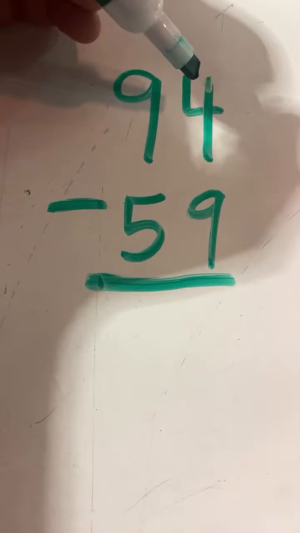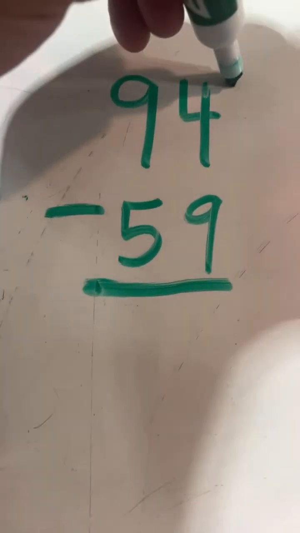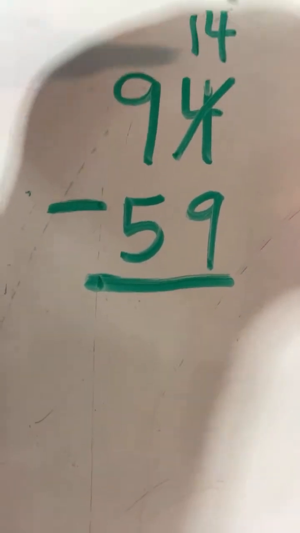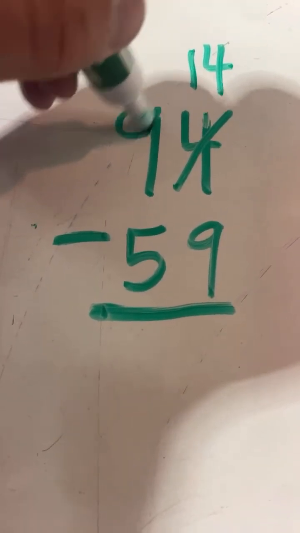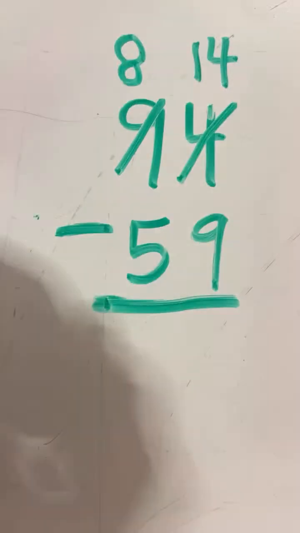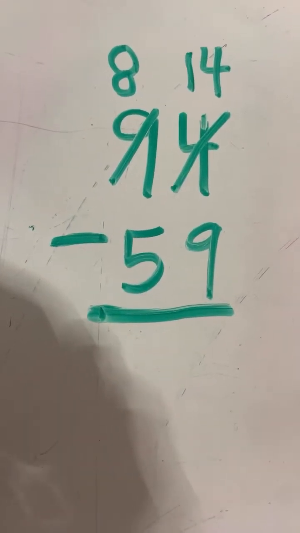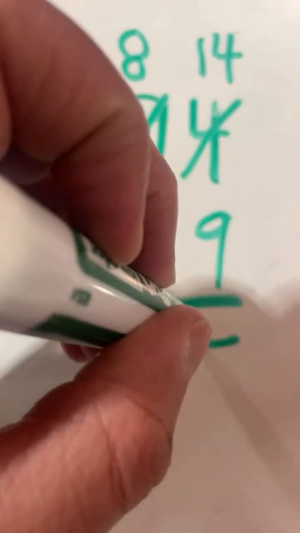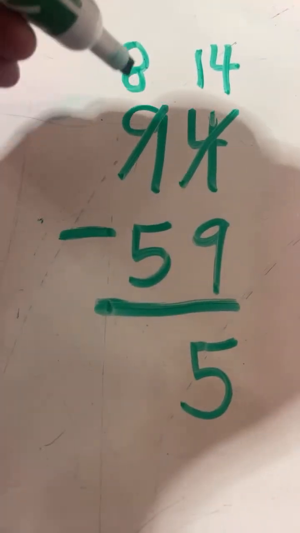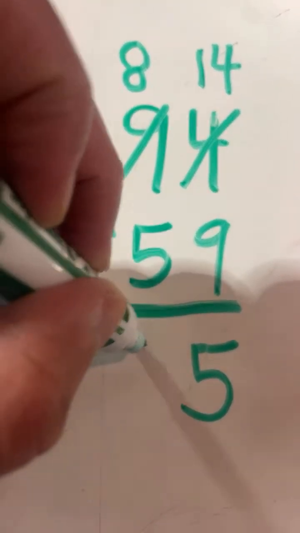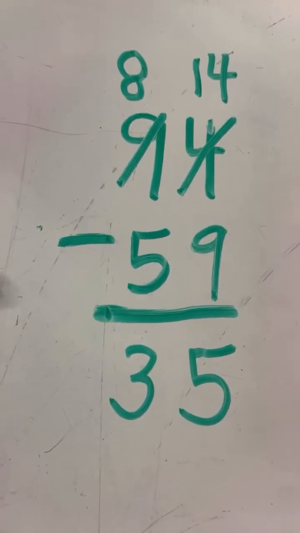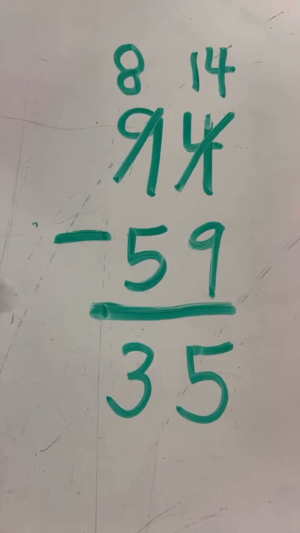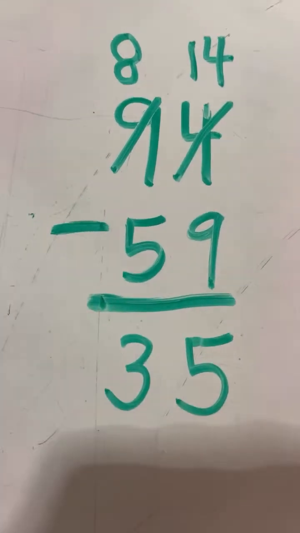You cannot start with 4 and take away 9. So we regroup by adding a 10 and taking away a 1. So the 4 becomes a 14, the 9 becomes an 8. 14 minus 9 equals 5. 8 minus 5 equals 3. And we have our final answer. 94 minus 59 equals 35.